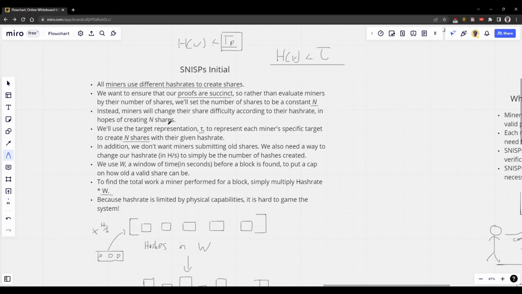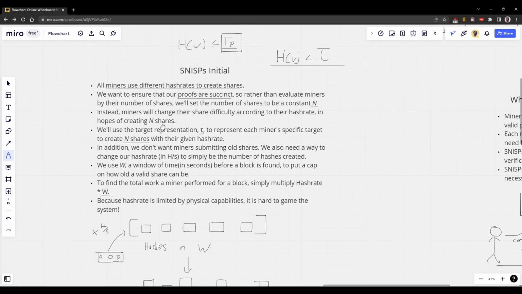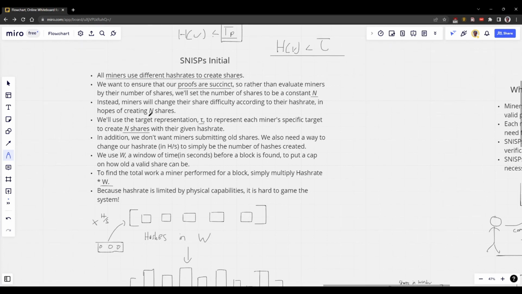In addition to that, we don't want miners submitting old shares, so we're going to take one of the concepts we saw from the PPLNT algorithm. We're going to use a window of time W before the block was found to ensure that valid shares have to be made within a certain period of time.